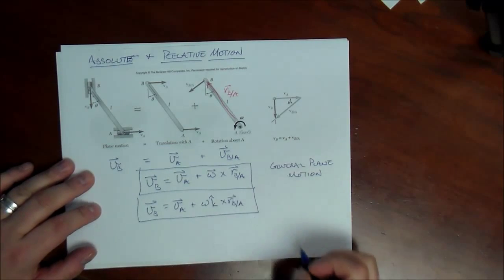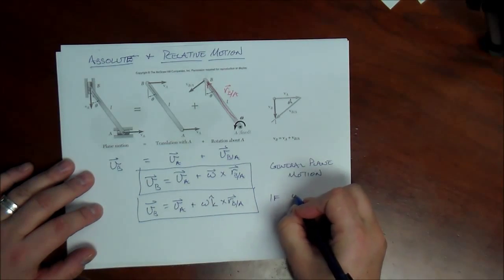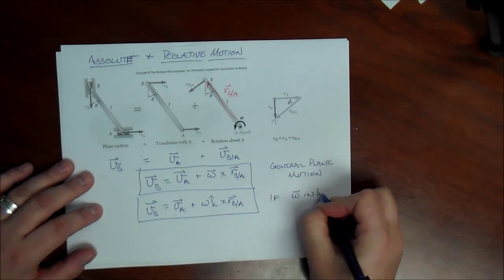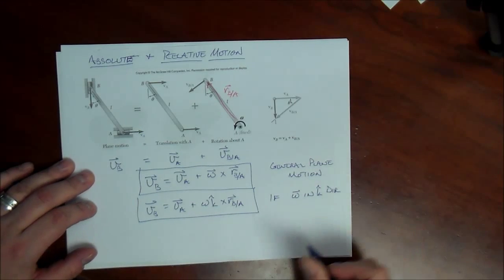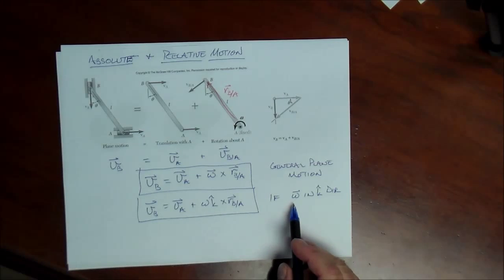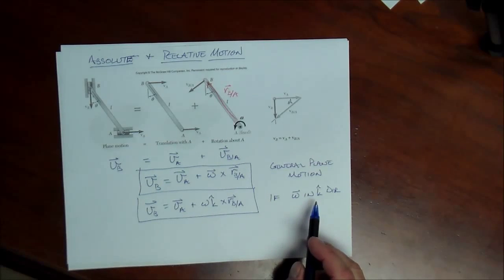So that's another way of writing it. We can use this one if we know that the axis of rotation corresponds to the z-axis or the k direction.